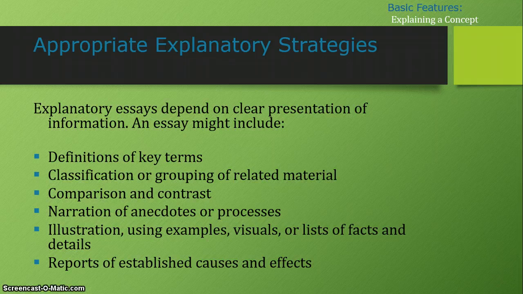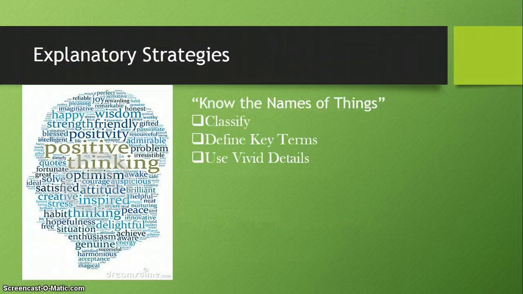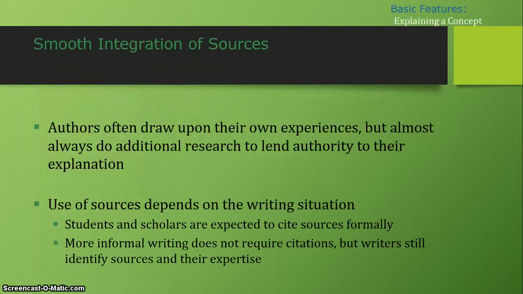You've done a lot of this already, but what I want you to understand is that this is going to be defining key terms, classifying, using vivid details. And you're going to be doing a little bit of work out of the book, definitely some reading, a few exercises, and you're going to want to make sure that you follow up with those so that you get a better understanding of how to do this, because it's going to evolve in this essay. It's going to become something else, so make sure you follow up.